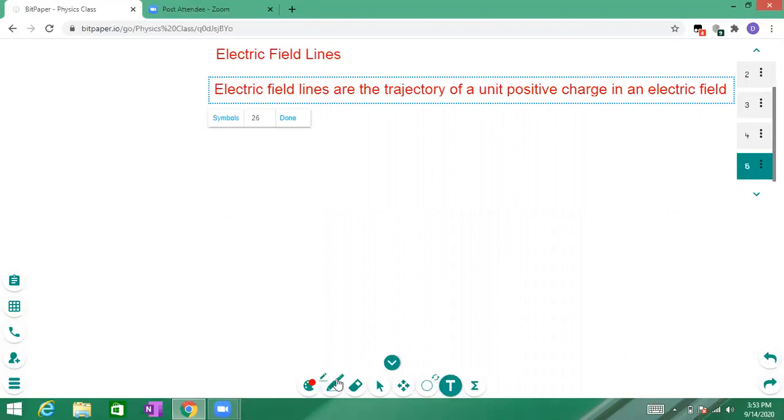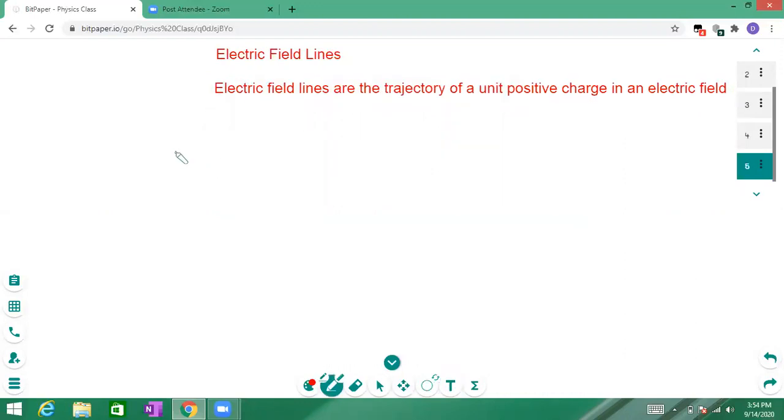Say this is a positive charge. So it will repel the unit positive charges. If a unit positive charge comes near to it, then it will repel that unit positive charge. As a result, that charge will move away along a straight line. Therefore, the trajectory of the unit positive charge will be like this.